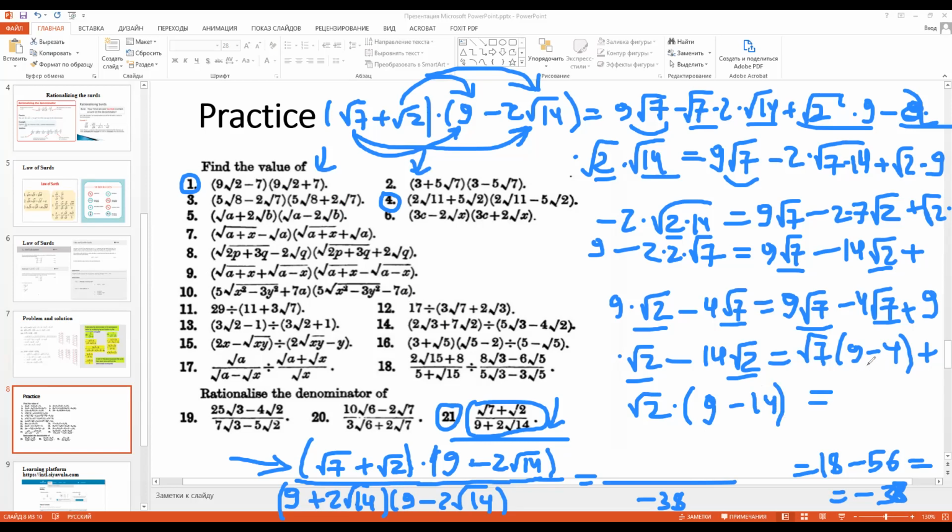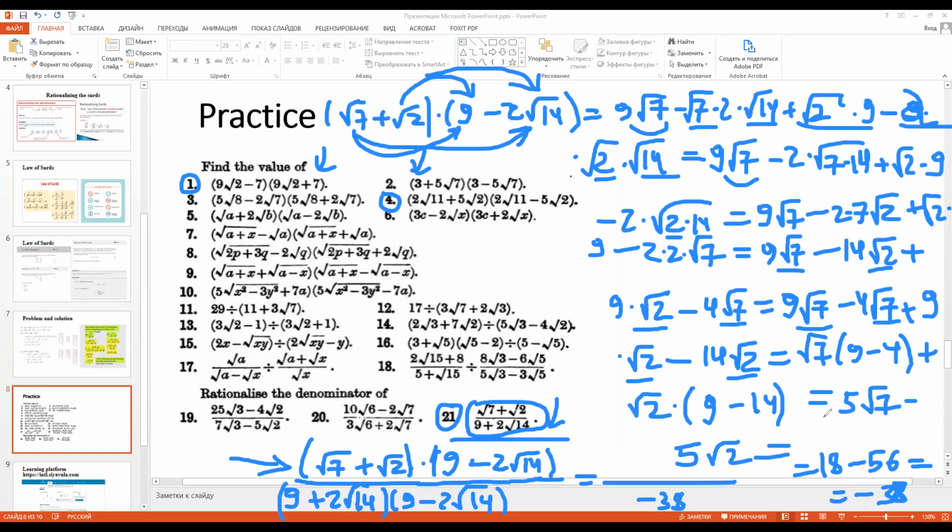And here it is 5, right? It is 5 square root of 7. This bracket is a negative number because you're subtracting 14 from 9. That's why you have to put minus here, and the result is 5 and minus square root of 2.